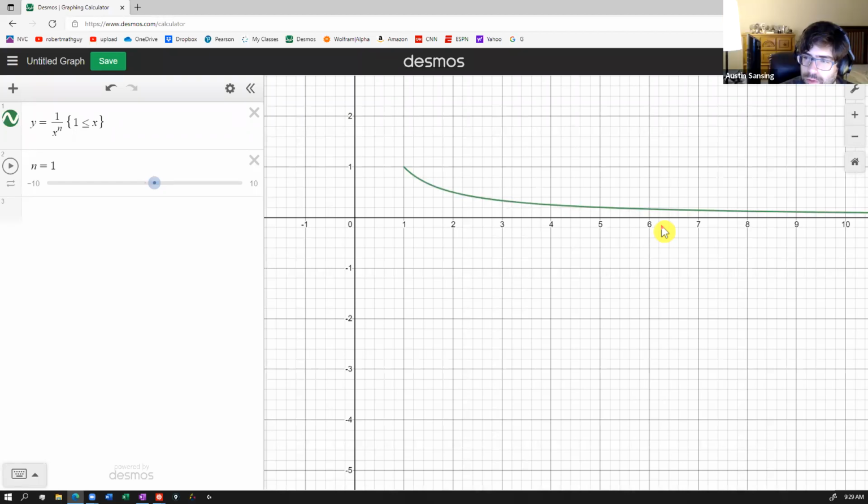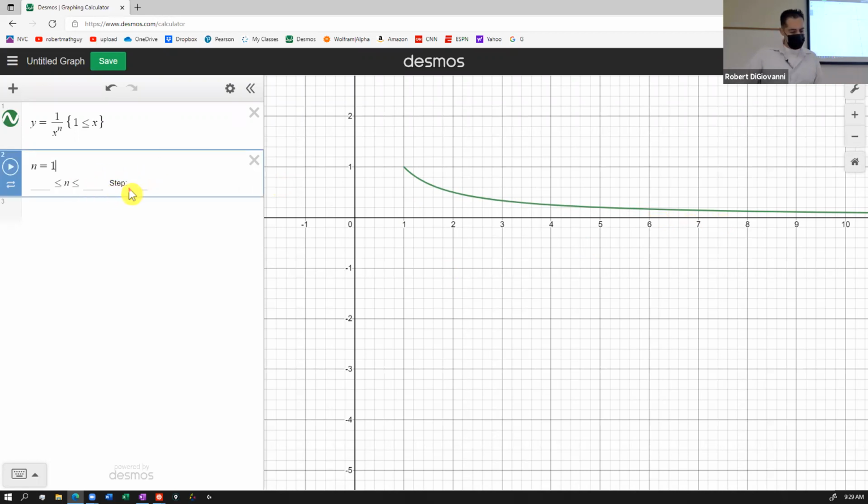Converge. Sure? Diverge. Diverge. Oh, that could have been a good quiz question today, huh? We did that in class, right? So if the power on the x is 1 and you're looking from 1 to infinity, the area under there diverges. Now, what if I make it x squared?